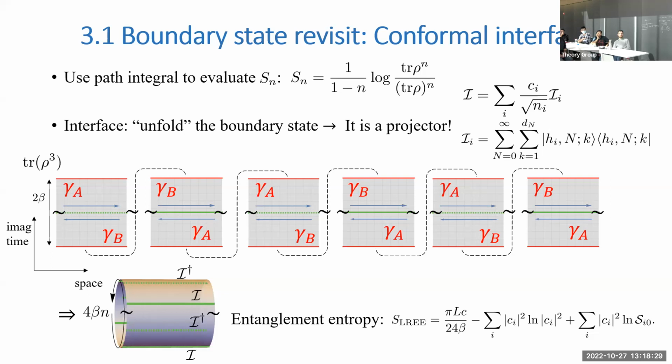That is a little bit technical, but believe me, we can do this calculation and eventually we get the same result. So for the bipartition case, it is basically the same as the boundary state calculation, but we just phrase it in a different way. So that doesn't do a lot of things.